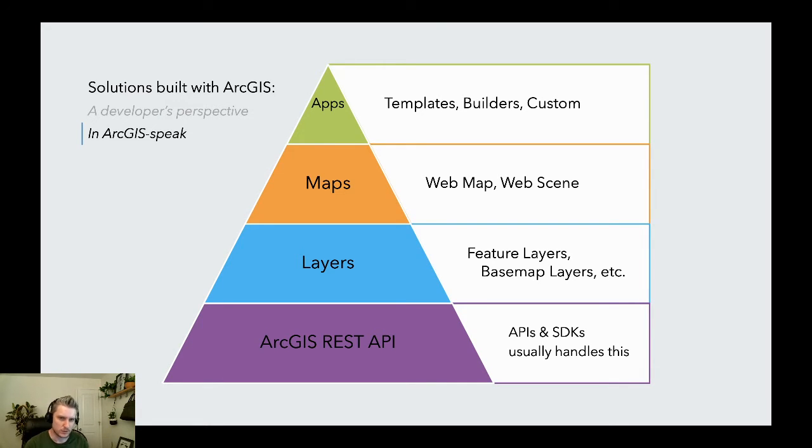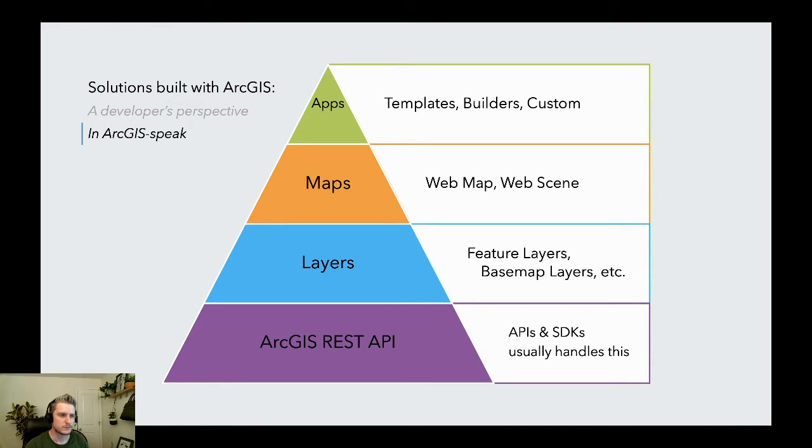But we've also got this whole tier of APIs and SDKs for most platforms in the world that you can use to wrap the REST API for you and get more primitive access into the ArcGIS system for whatever platform you're using. And we're going to see how that works in the next section as well.